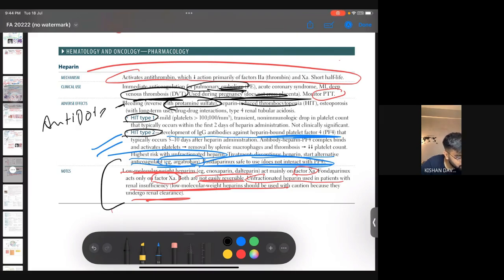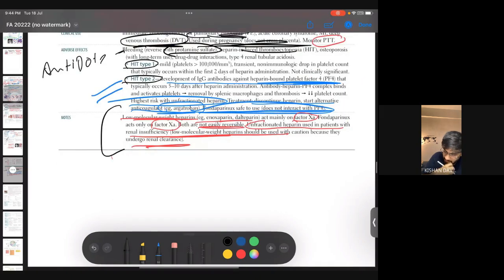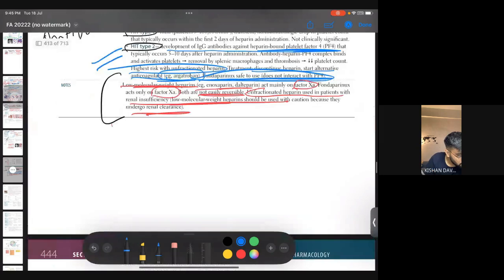Just one point you have to write. Sometimes they will give you a pregnant female. In a pregnant female, you will use unfractionated heparin.